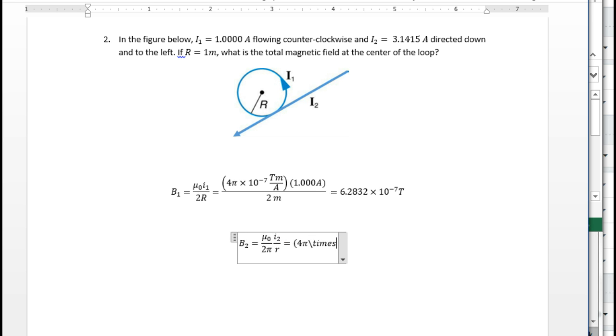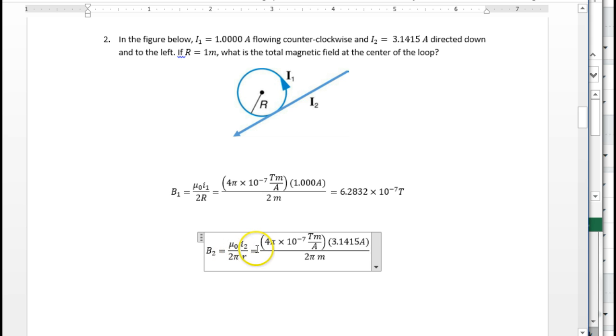4 pi times 10 to the minus 7th Tesla meters per amp, and 3.1415 amps, right? And we're going to be dividing by 2 pi R, which comes to just 2 pi meters. And up front, I'm going to stick a minus sign because we know this is headed into the page.